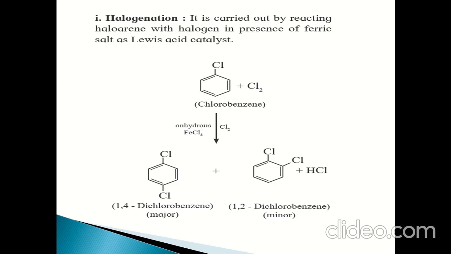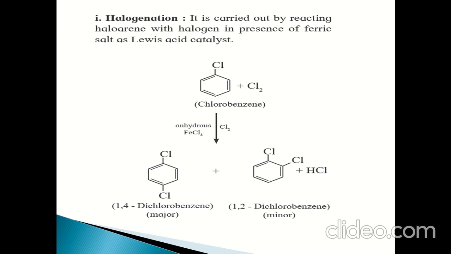Now, the halogenation reaction. Halogenation in haloarenes is carried out in the presence of a ferric salt as a Lewis acid catalyst. Here you can see chlorobenzene is treated with chlorine in the presence of anhydrous FeCl3 to form two products.